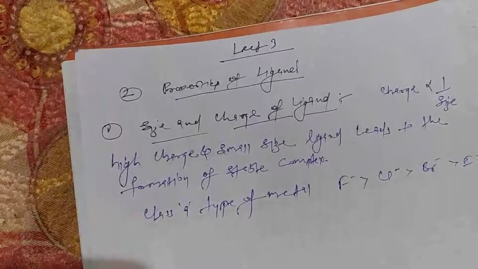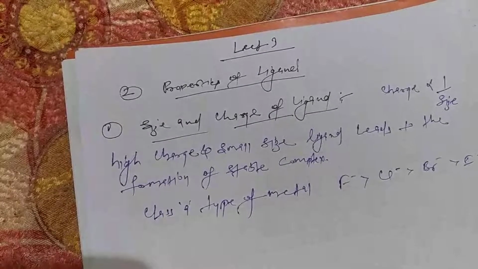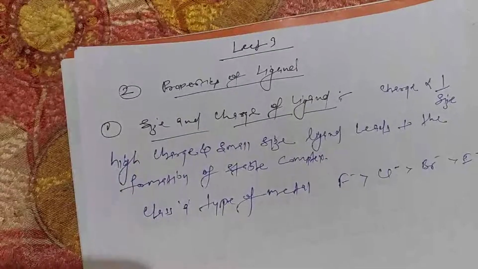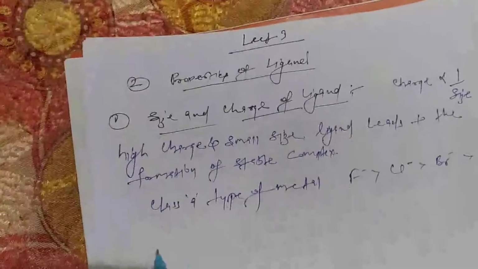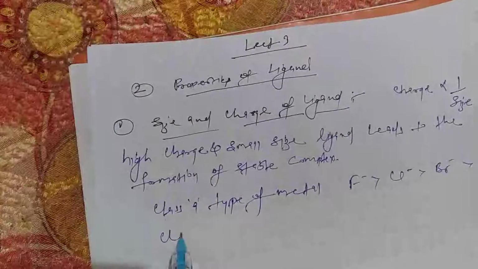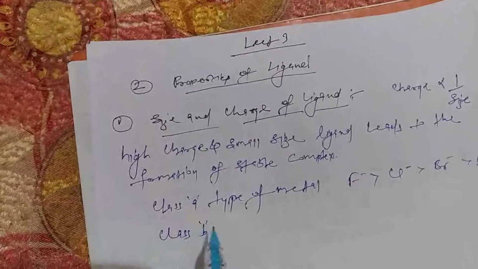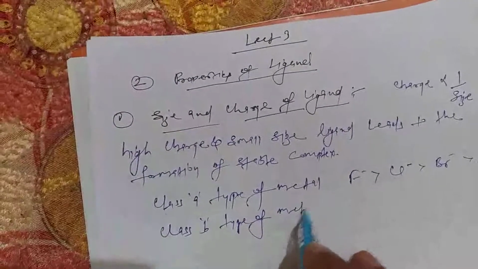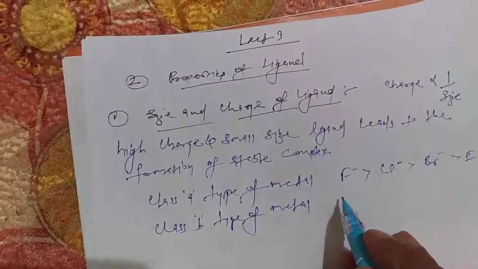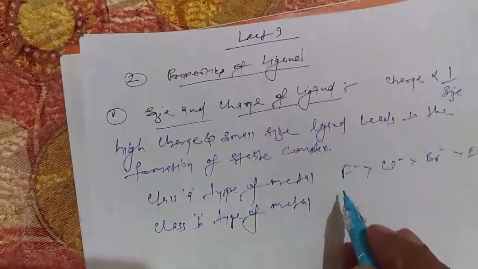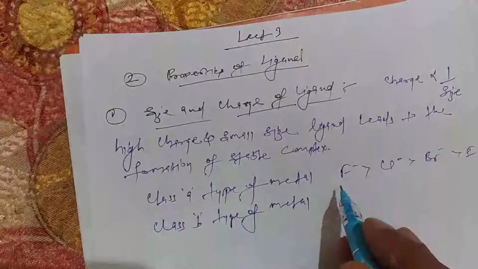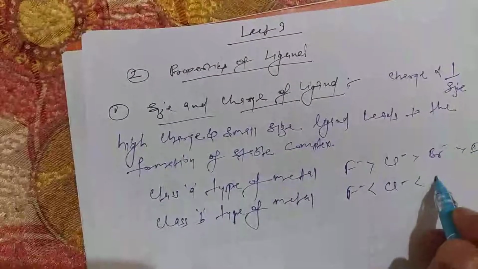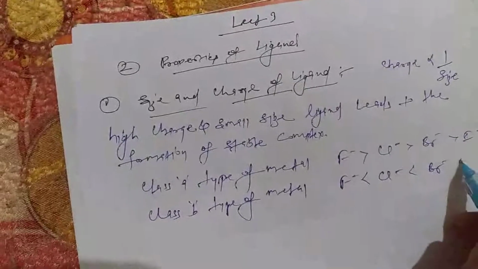Class A. Whereas in case of class B, this order will be reversed. For the class B type of metal, the order is the same but in the reverse pattern: iodine, bromine, chlorine, fluorine.